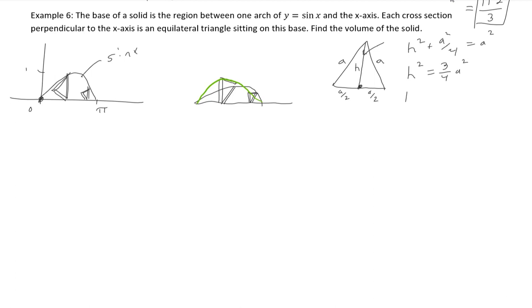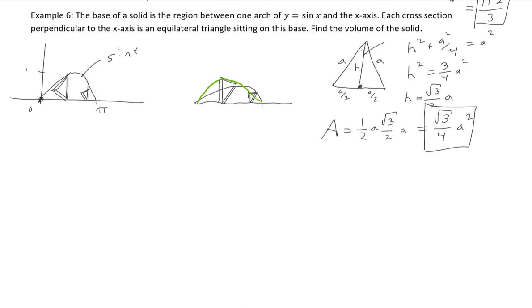And if I square root both sides, I get the height is the square root of 3 over 2 times a, which you might remember from trig. So that means the area can be solved by 1/2 times the base, which is just 1/2 times a, times the height, which is square root of 3 over 2 times a. So that means the area can be represented as root 3 over 4 times a squared, where a is any side.